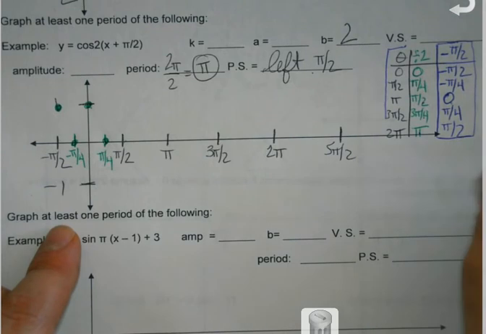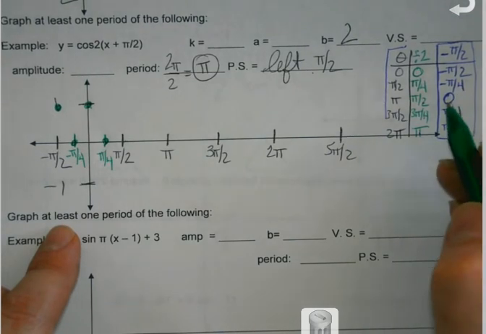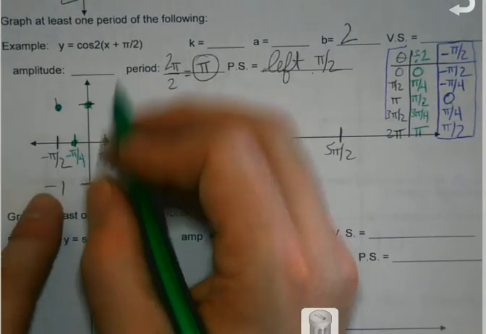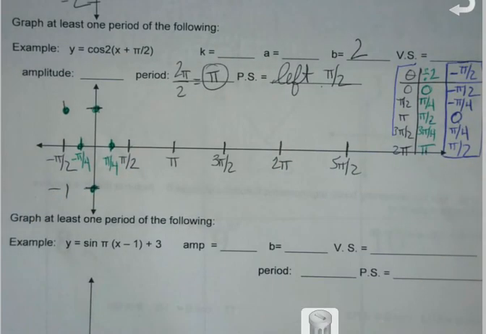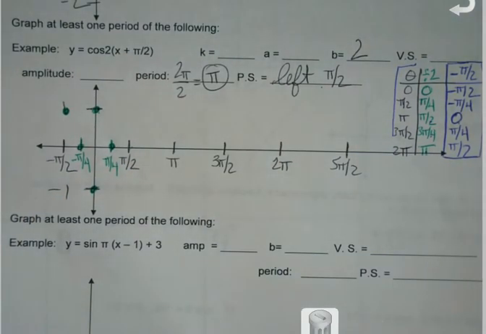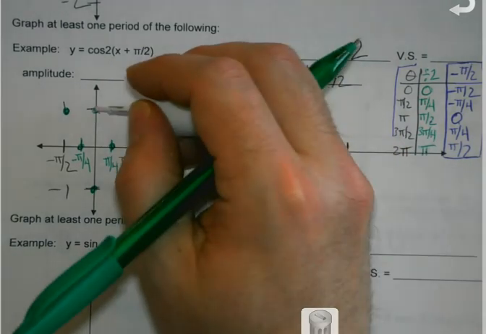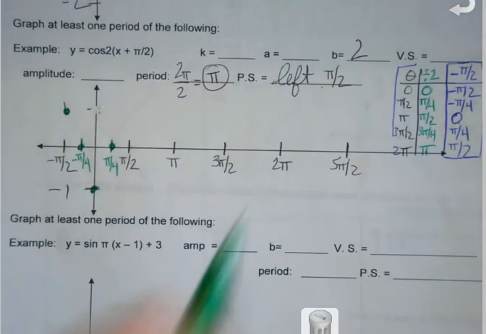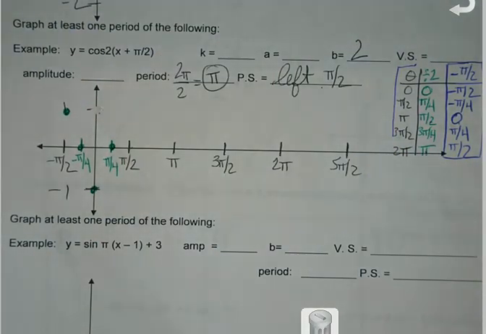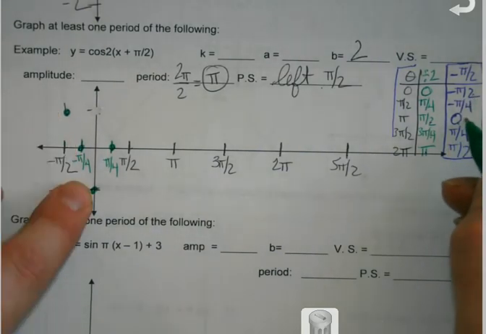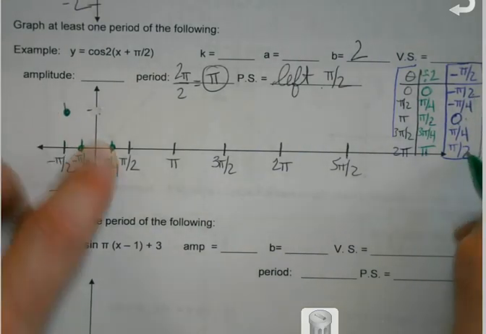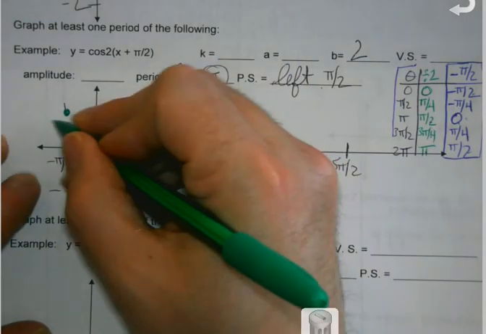Did I do something silly? 1, 0, negative 1, which would be down here. I'm a silly man sometimes. Went into sine mode here. 1, 0, negative 1, 0, 1. That's better.